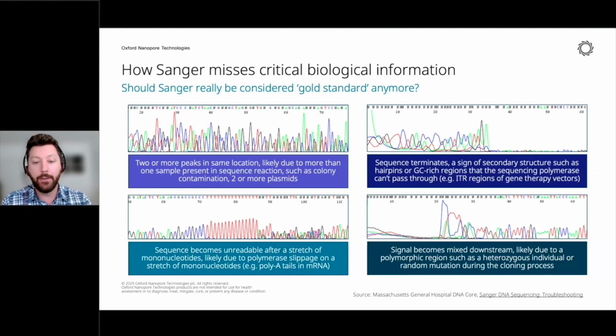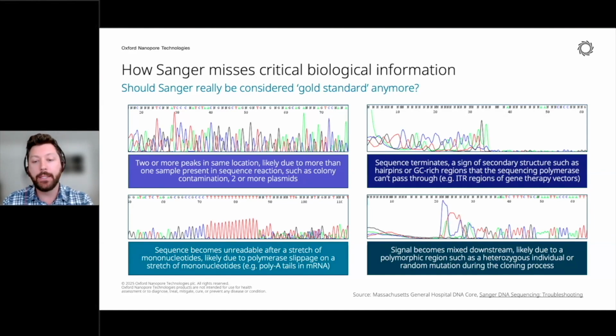So in the top left, we can see that multiple peaks are coming about in the same locations. And this is a sign that more than one sequence is likely present in that reaction. That could perhaps be a colony contamination or a mixed plasmid population, both of which Sanger can't resolve cleanly, and the sequence reaction has therefore failed.